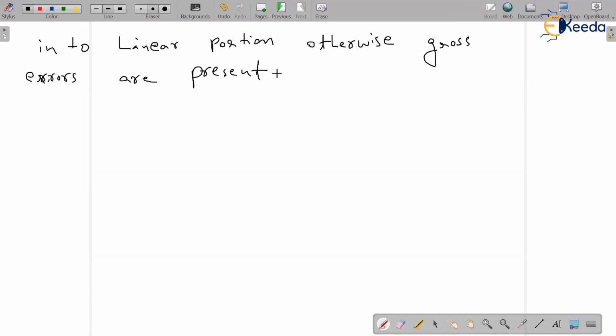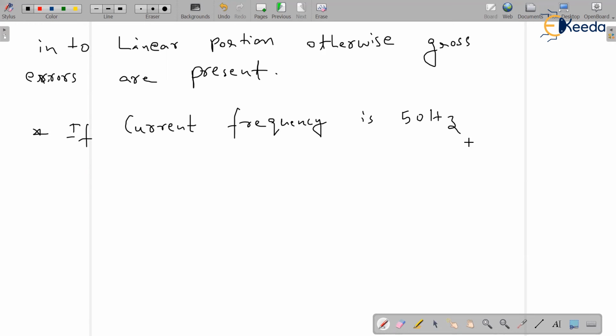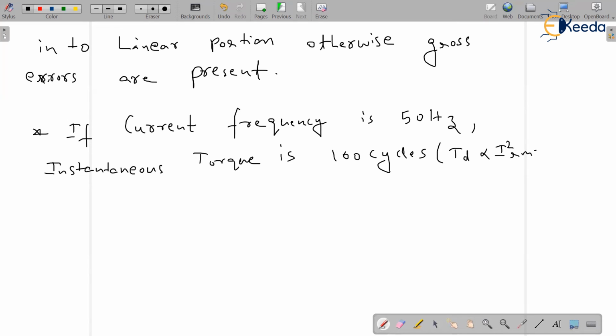The next, if the current frequency is 50 hertz, the instantaneous torque is 100 cycles. Td is directly proportional to I square RMS.